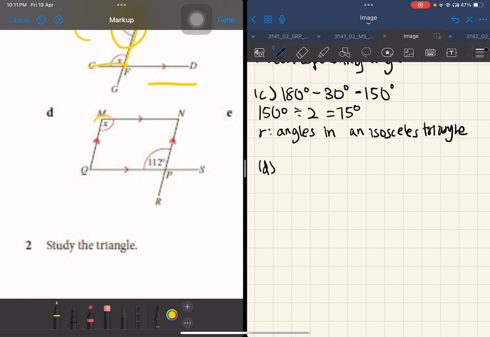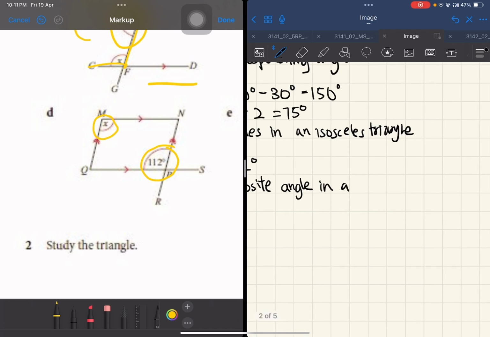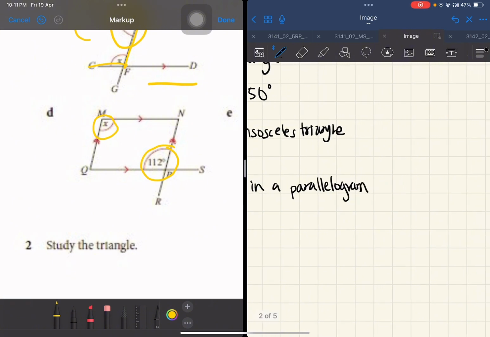And as you can see here, x is opposite to this angle here. So the value of x will just be 112 degrees. Reason being, opposite angles in a parallelogram are equal.